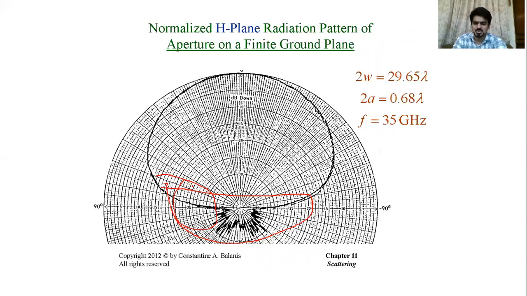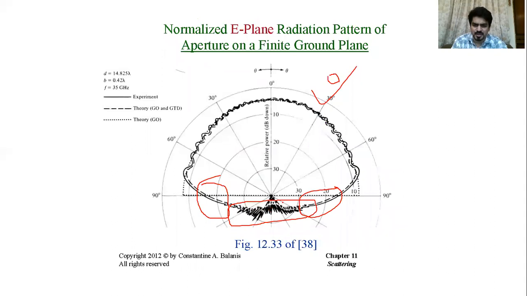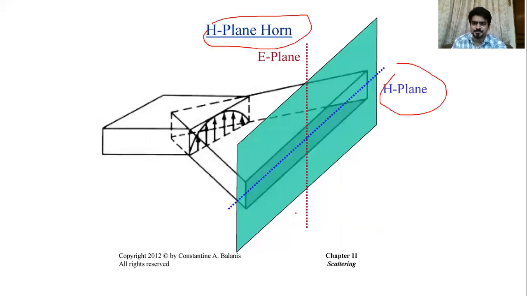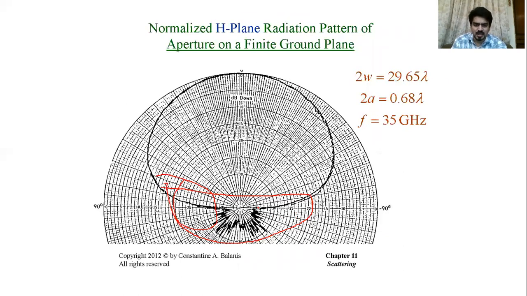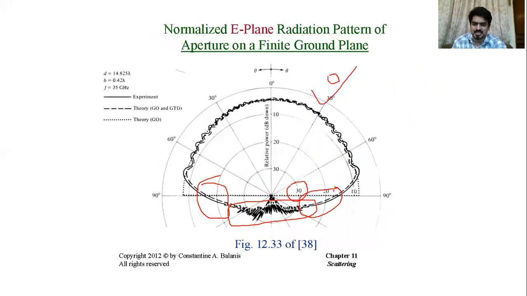If you go here, we are talking about something around minus 30 dB. But here, if you look at this cross section at 0, it is around minus 30, whereas here you can see that the cross section is somewhere around minus 15 dB for the E plane, because of the higher levels of the diffracted fields.